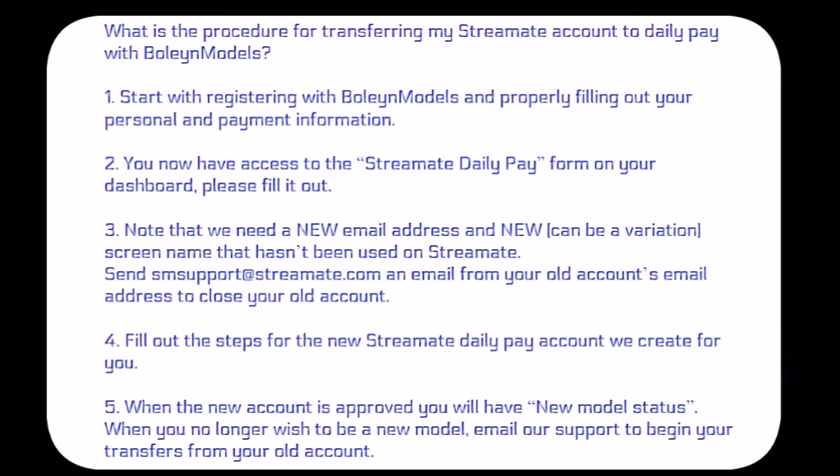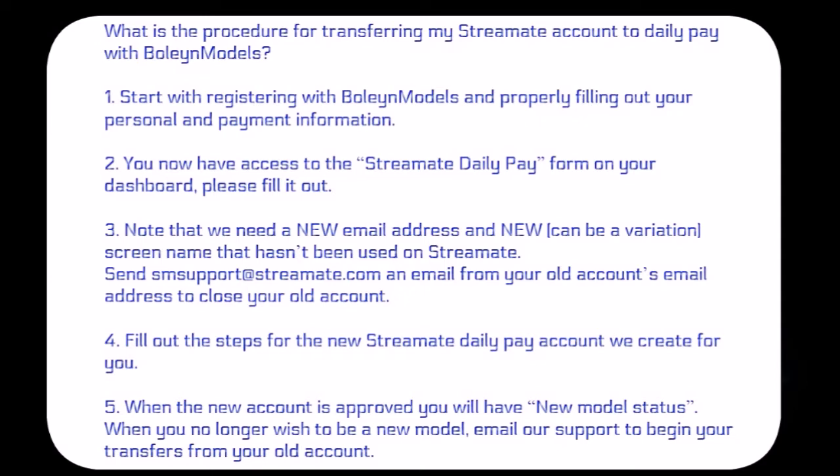So the first thing you really want to do is get started registering with us. Once you have that, you'll have access to the portal, also the payment information gateway, also known as the PIG. You're going to need a new email address. This is for people who already have accounts.